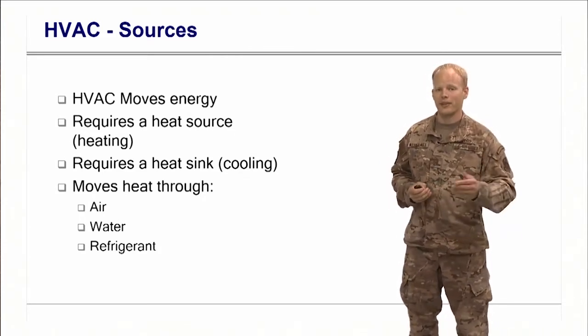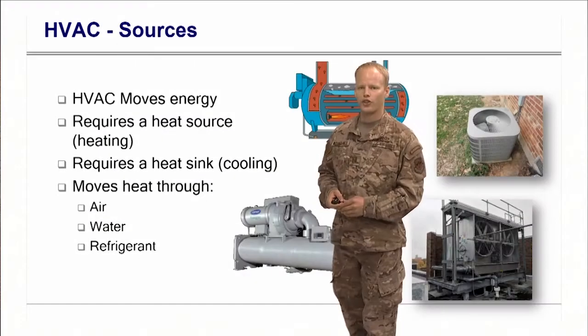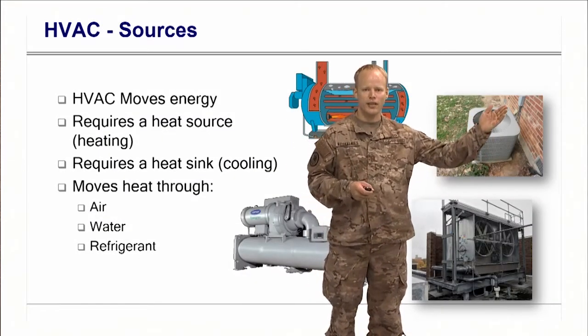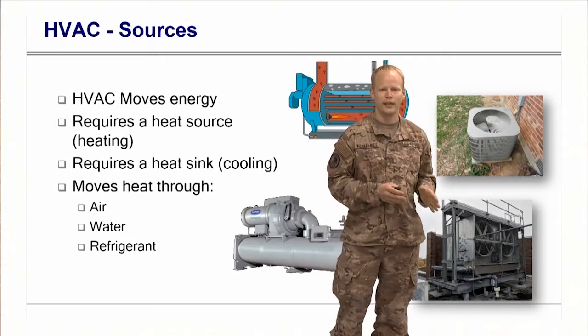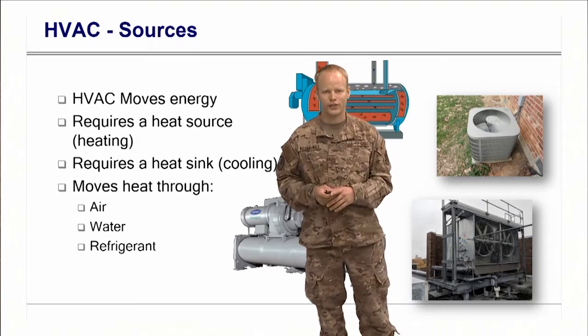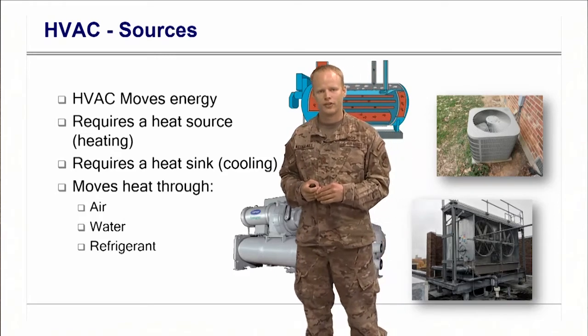You're probably familiar with this at home if you have your typical split unit, your condensing unit outside. You can see over here our lines running refrigerant from the outside condensing unit to the inside, to what we generally refer to as the furnace or your air handler inside your house.